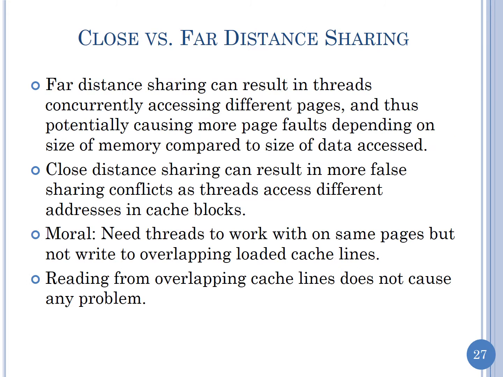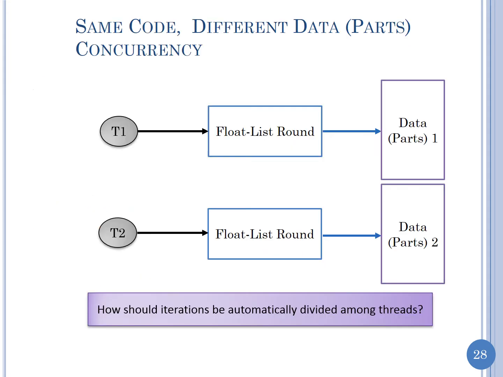So the moral was that if we split work among different processes or threads, we want to make sure that the threads aren't accessing memory that's too far away, because then you might end up with page faults if you have very large amounts of data compared to your memory. And if we do it too close and they are writing, then we can get into cache conflicts, and that will cause performance problems. So that's what we did last time.